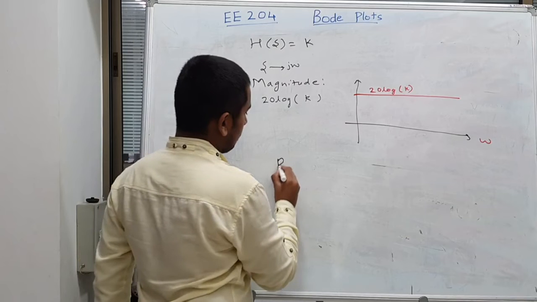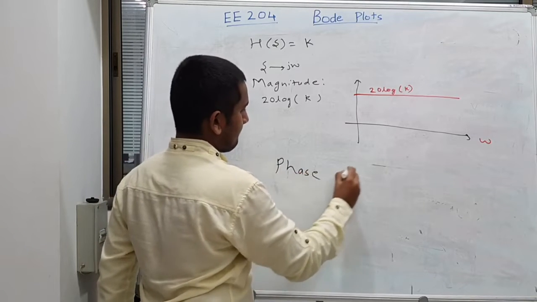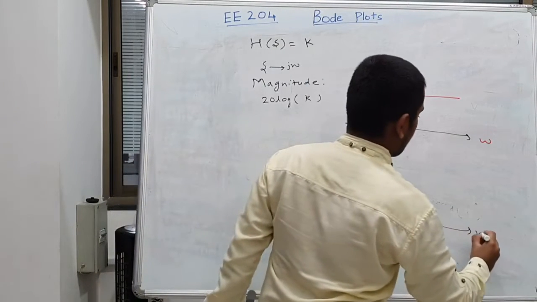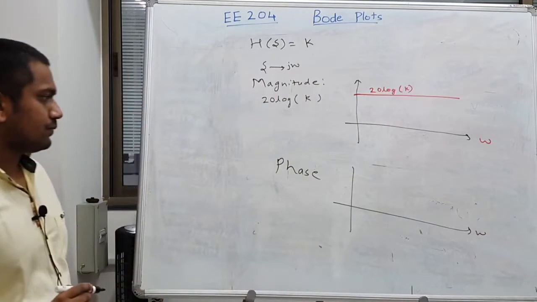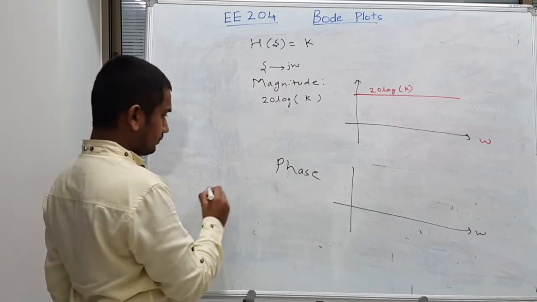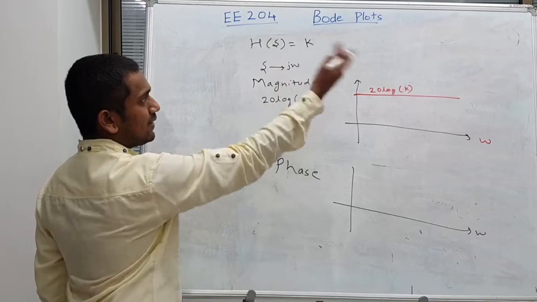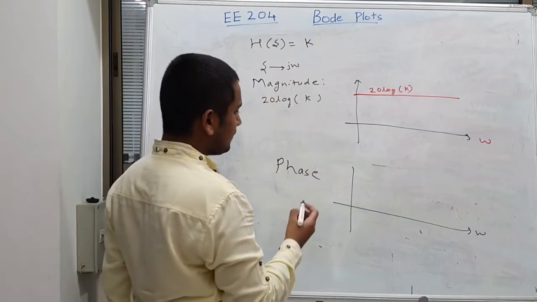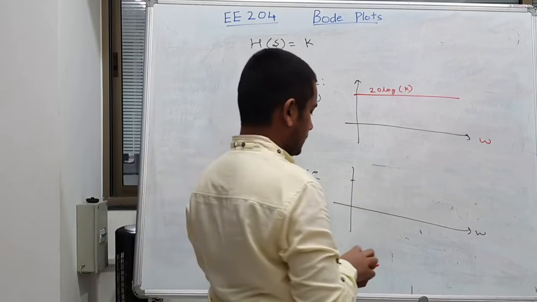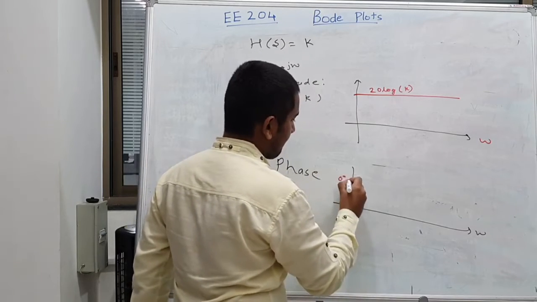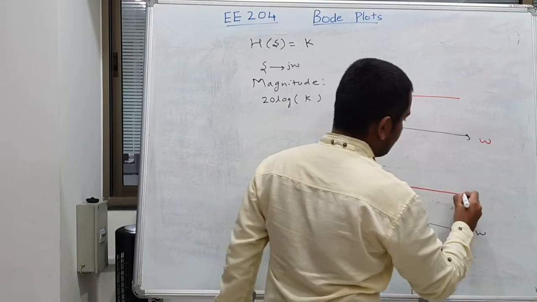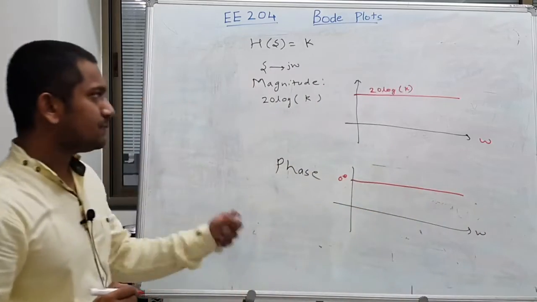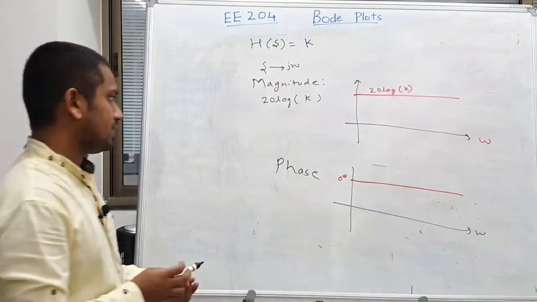And the phase plot, we can use tan inverse formula, imaginary by real. Tan inverse of 0 by k, that is tan inverse of 0 is 0 degree. It will stay at 0 degree irrespective of frequency.